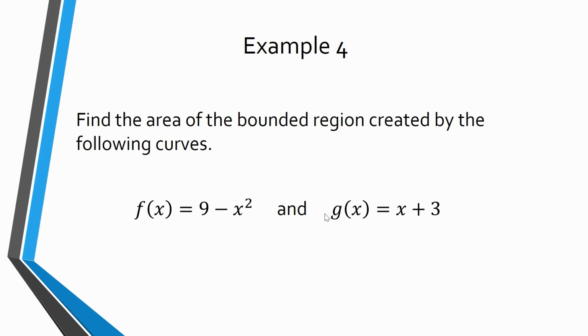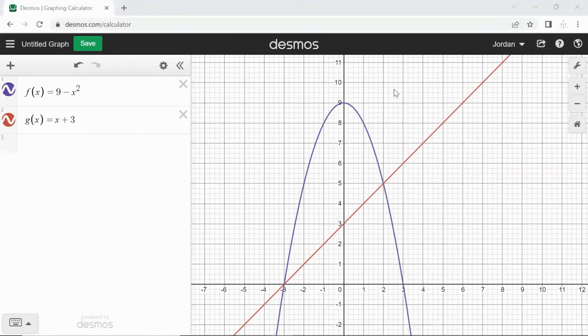Let's go ahead and graph these so that we can see what's happening. I've graphed these on Desmos so you can see it. In this case, we're looking for the bounded region. If I'm where my cursor is, this is obviously an infinite region on the outside.